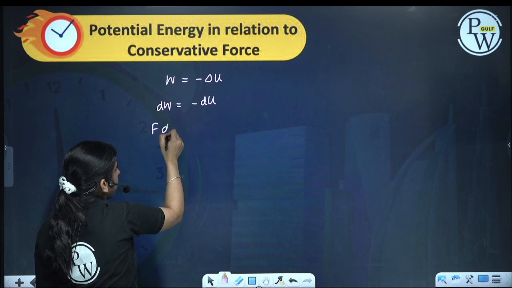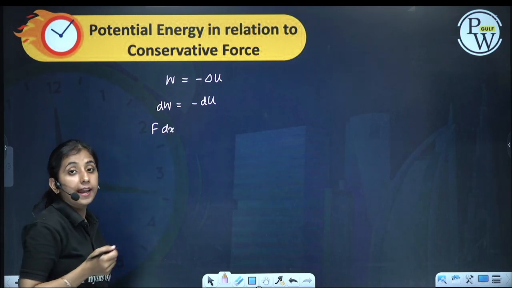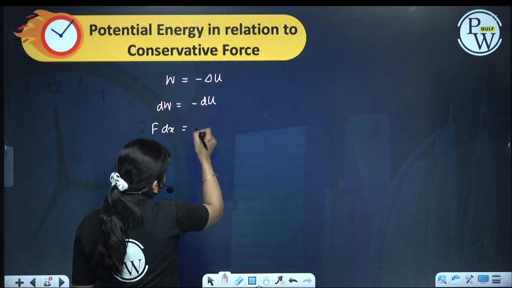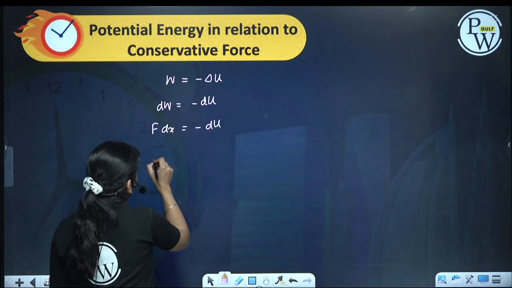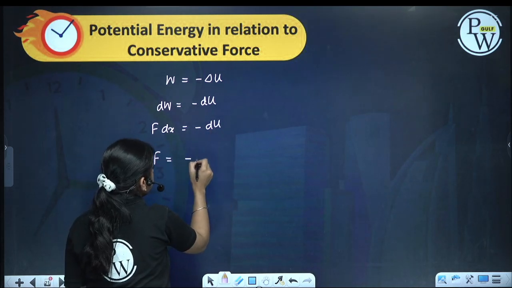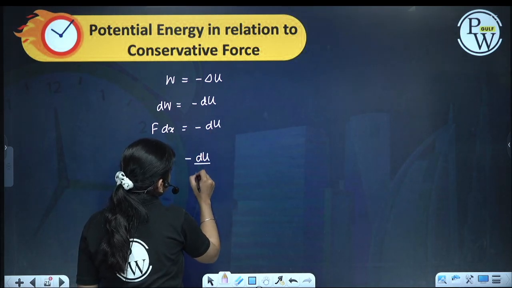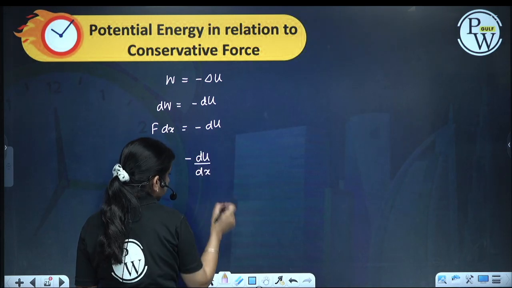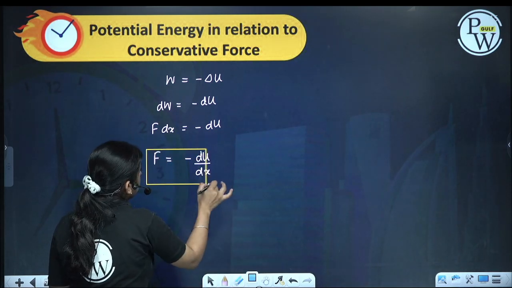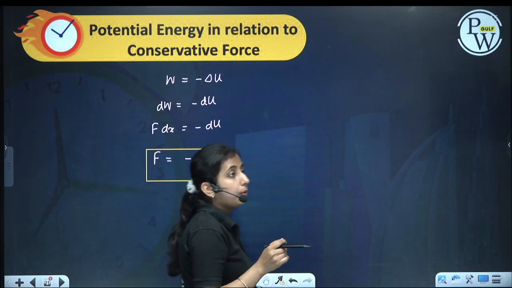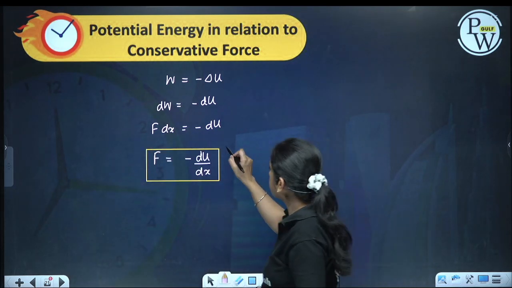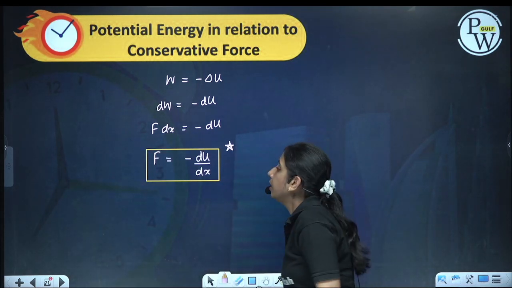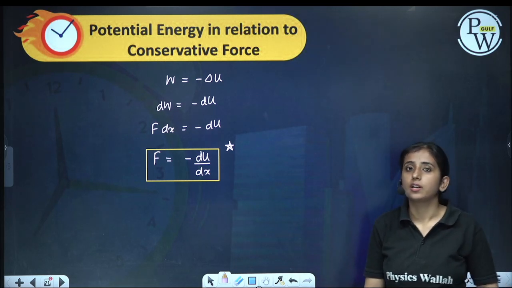We can write dW as F dx or F ds, so F dx will be equal to minus dU. So from here we get that F is equal to minus of dU by dx. This is a relation between conservative force and potential energy.